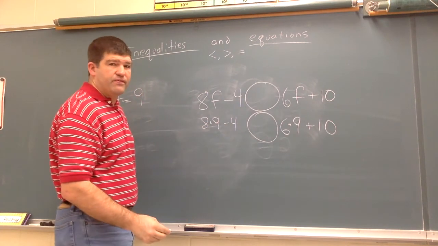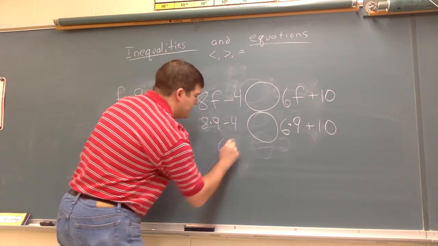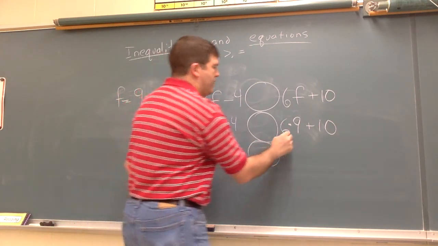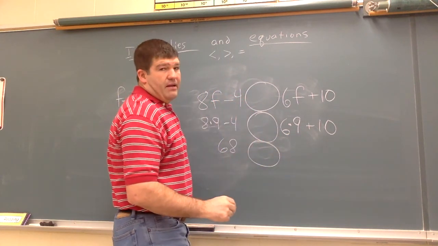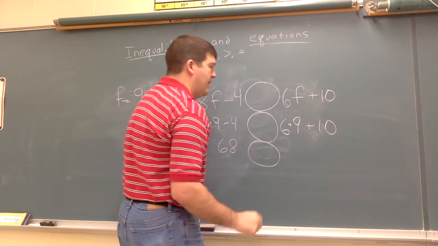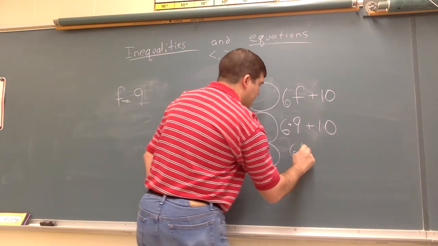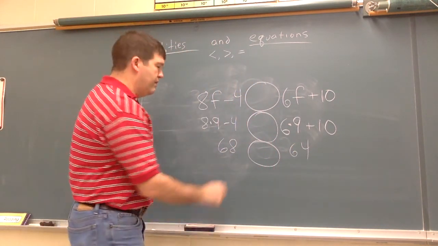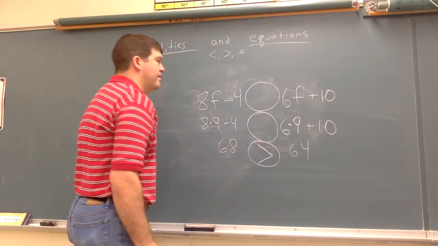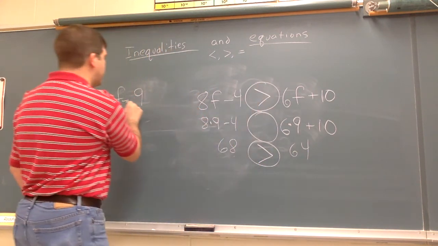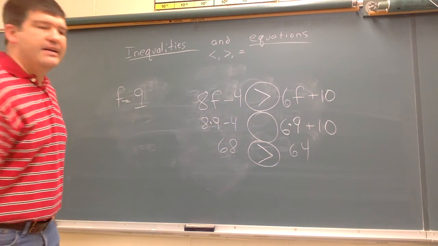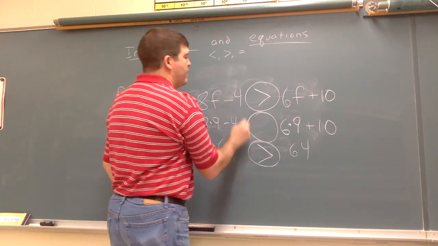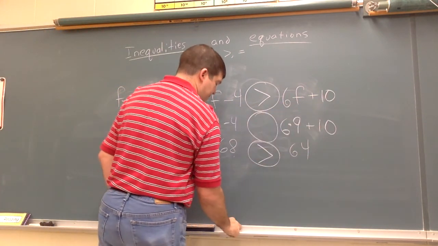72 minus 4, 68. Let's see, 6 times 9 is 54, plus 10 is 64. Okay, so now I'm looking at the numbers. I have 68 and 64. This number is greater than. So with f as 9, 8f minus 4 is greater than 6f plus 10.